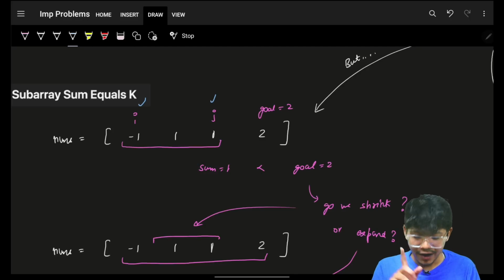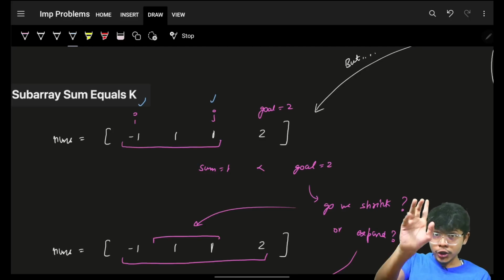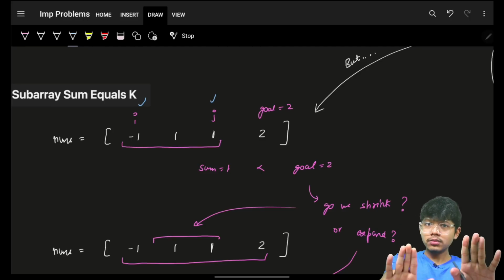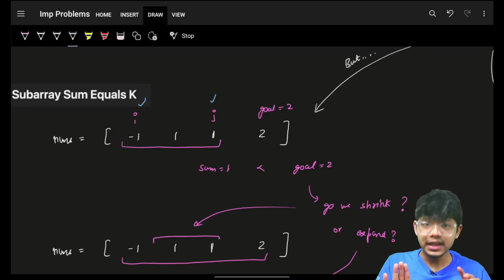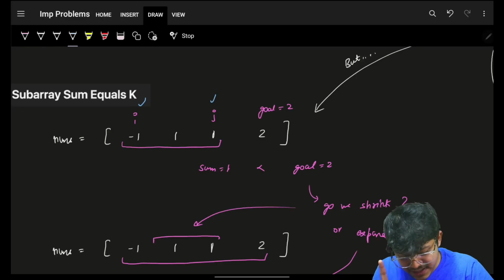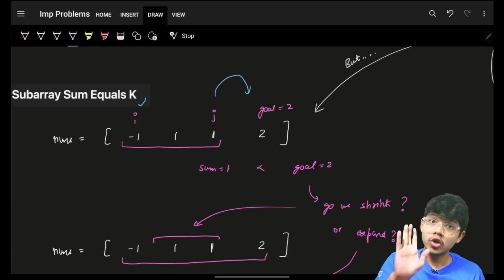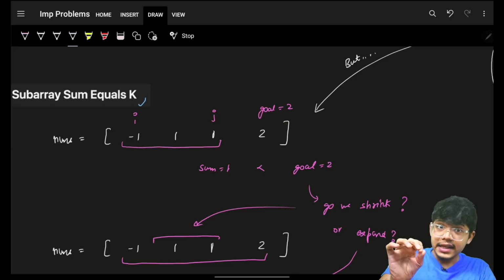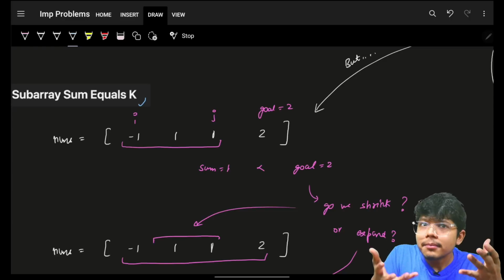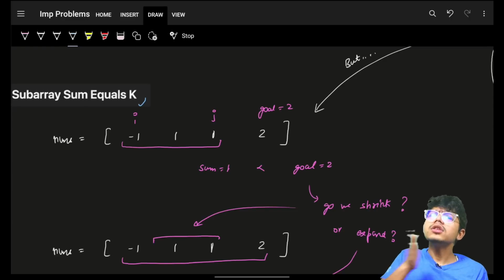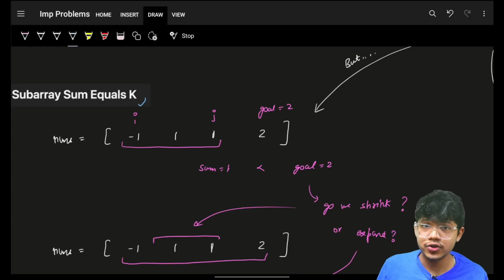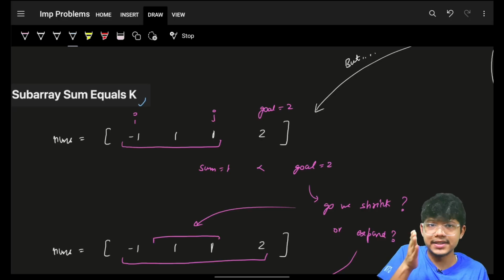Now if I go by your template, Aryan, you will say at every step j will increase, and if your sum becomes more, then you will say your i will increase, which means you will compress.